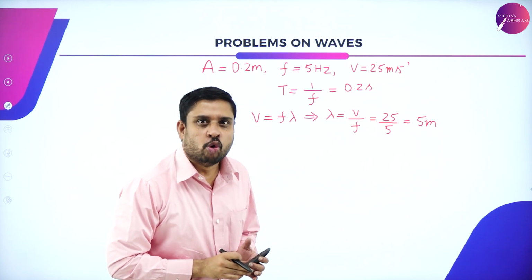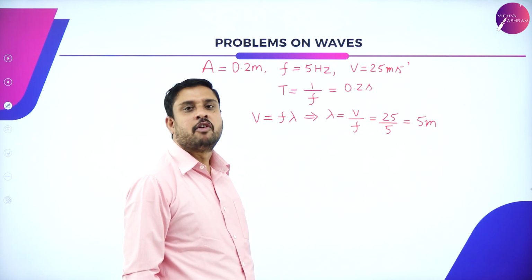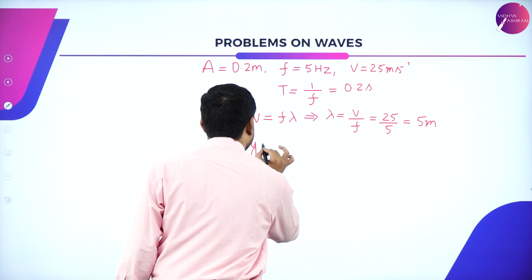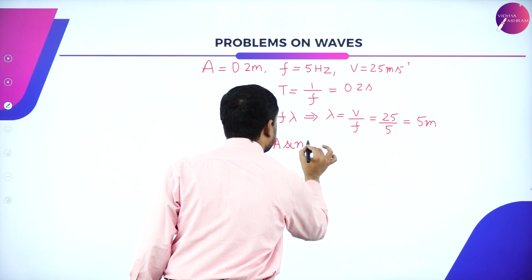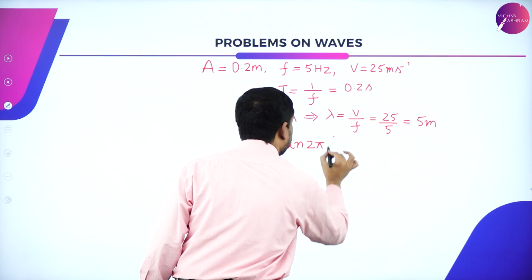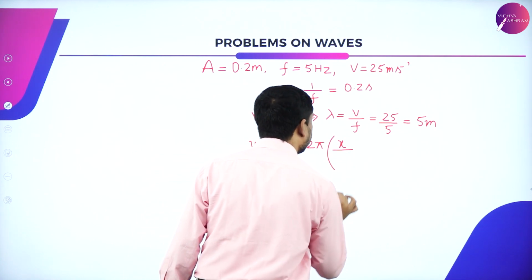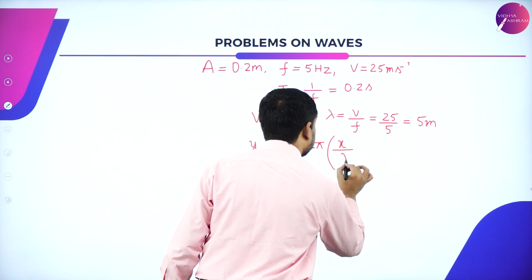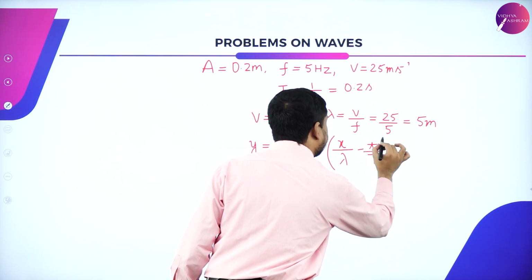Now I will use one another standard form of the wave, where y equals a sine 2 pi (x by lambda minus t by capital T).